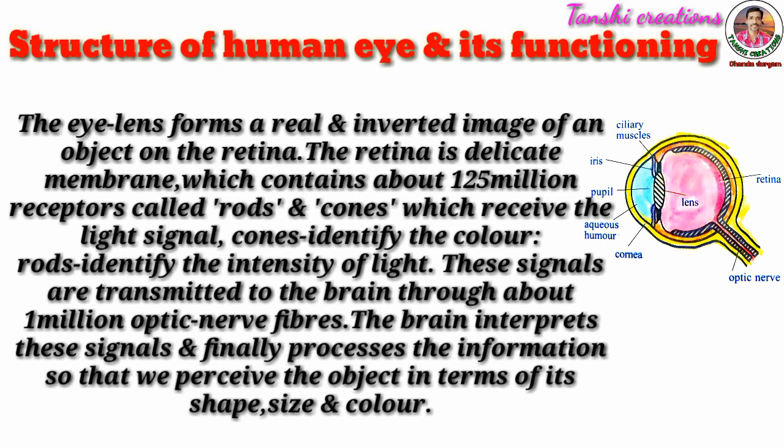These signals are transmitted to the brain through about 1 million optic nerve fibers. The brain interprets these signals and finally processes the information so that we perceive the object in terms of its shape, size and color.